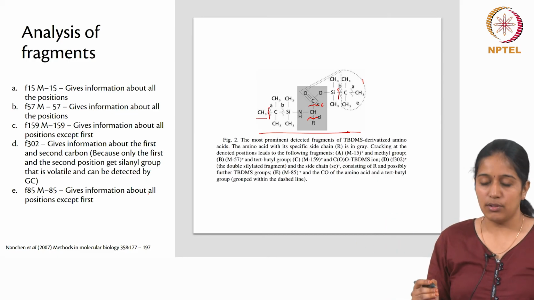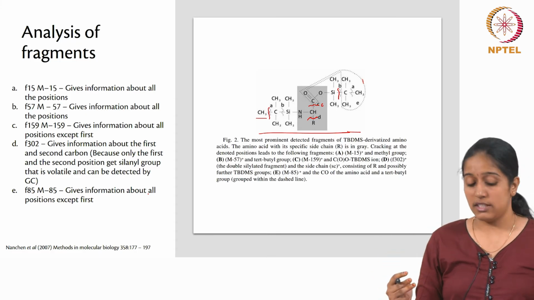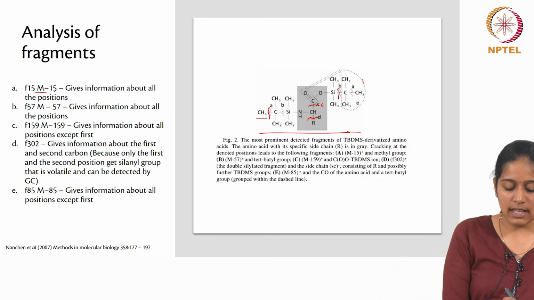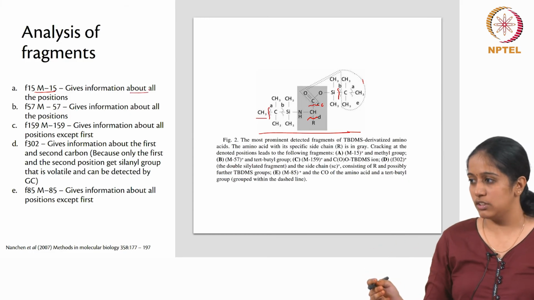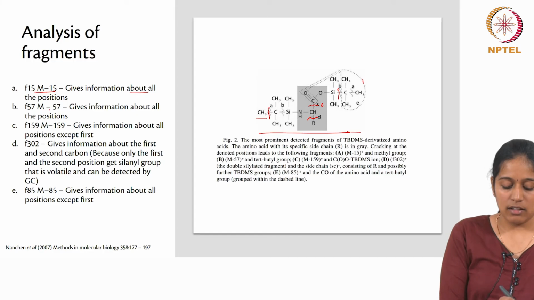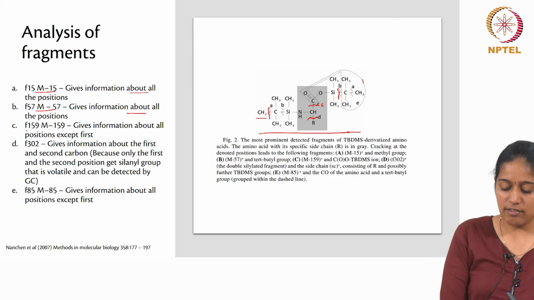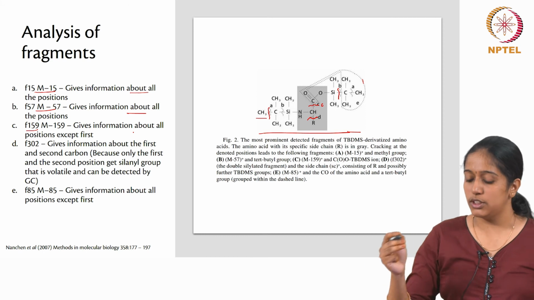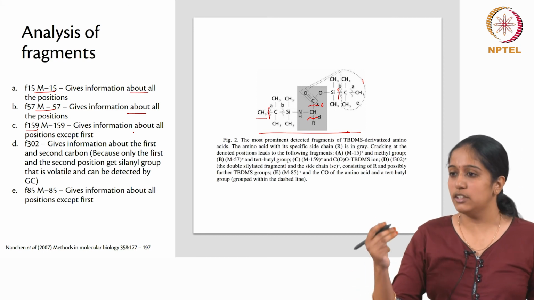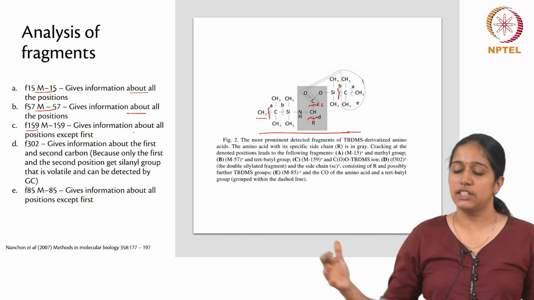For instance, if you take a 3 carbon amino acid and analyze the M minus 15 fragment, it gives you information about all 3 positions. If you take M minus 57, again it gives you information about all 3 positions, whereas F159 gives you information about all the positions except the first, simply because the first gets cleaved and is not detected by the GCMS detector.